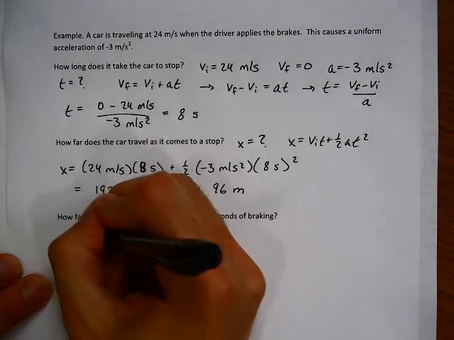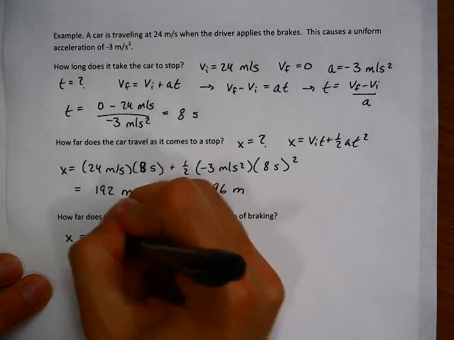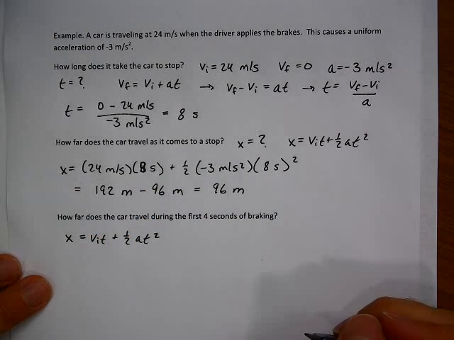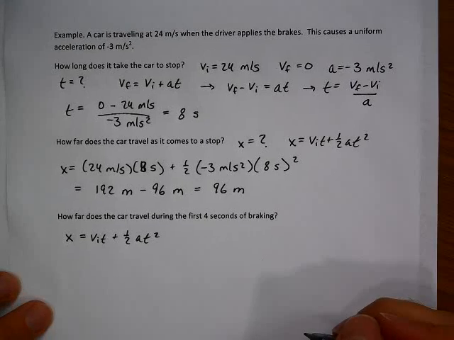We use the same equation as before, x equals VIT plus 1/2 AT squared, and this time we just plug in 4 seconds for time.